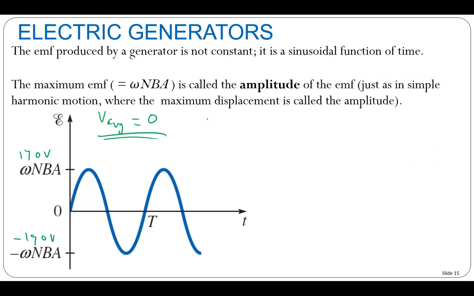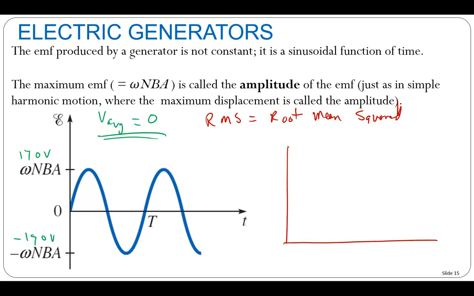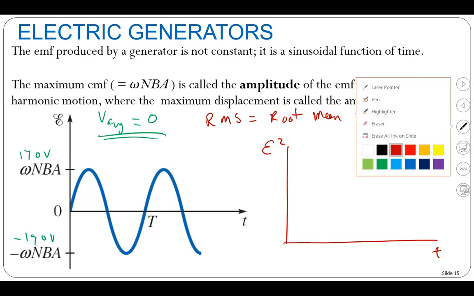Okay, RMS is root mean squared. So the first thing you do is the last thing in RMS: the first thing you do is square it. So if I square this wave, does anybody know what it looks like offhand?